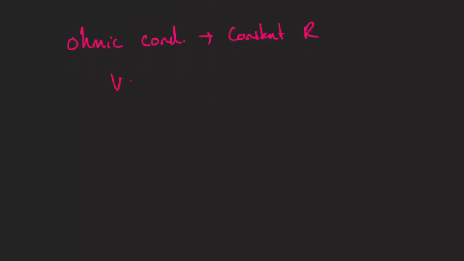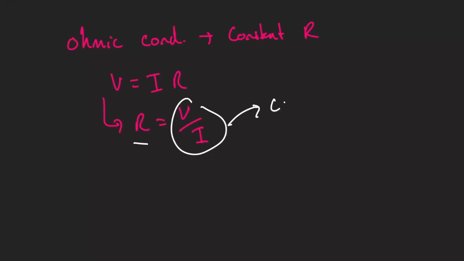If you look at our previous equation, we had V equals IR, and we can rearrange this to get R equals V over I. Because this R is constant, that means V over I also has to be constant, because these two are equal to each other. So if you have a constant R, then you also have a constant V over I.